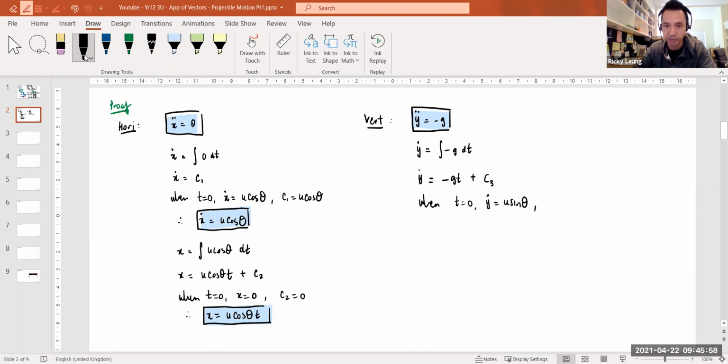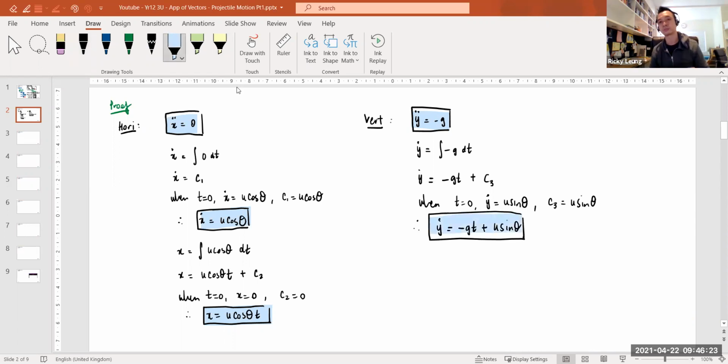So if you sub 0 in there, I get the constant to be equal to u sine theta. Sub that back in, and the vertical velocity is minus gt plus u sine theta. Beautiful. There you go.